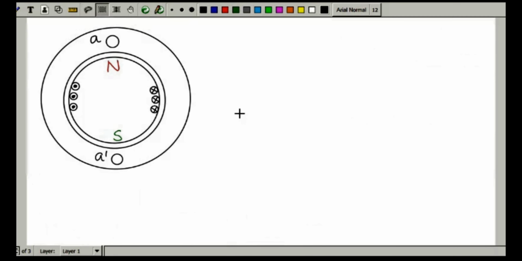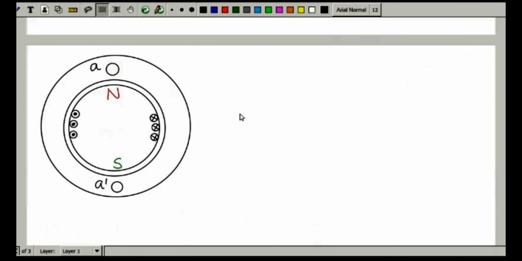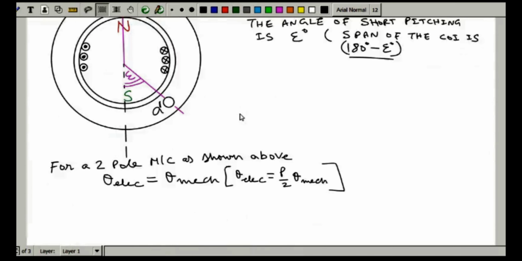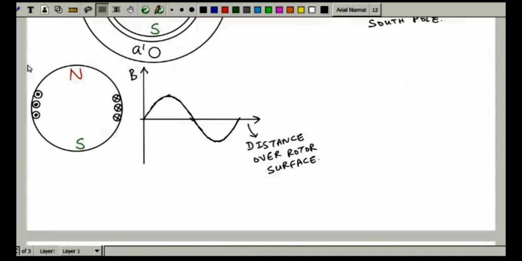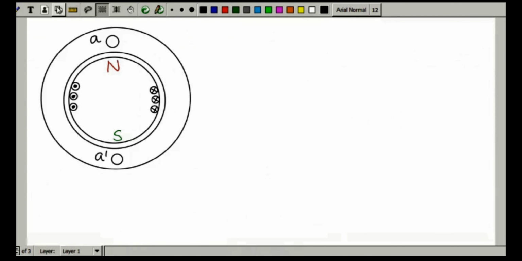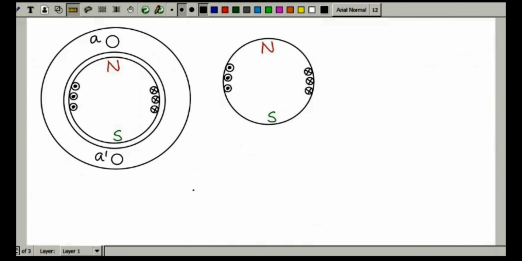So you take the case of this one. Strictly speaking, what is the distribution of MMF over the rotor surface, MMF or flux density, whatever you call? The actual distribution of B is like this.